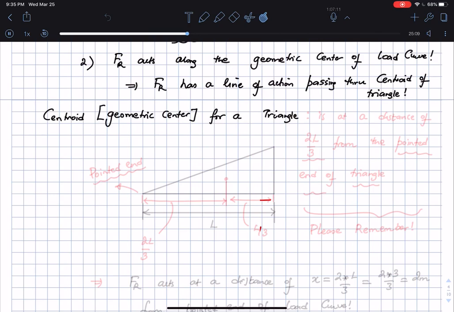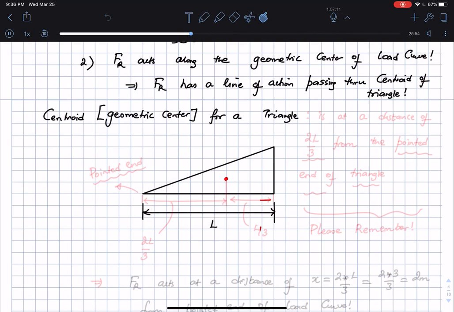If I have a triangle here, I'm just going to draw one quickly, and let's say that the length of the triangle is L. Then the centroid location, which I'm going to mark in red, is such that if I think of this triangle as filled with some amount of mass, where is the equivalent mass acting?